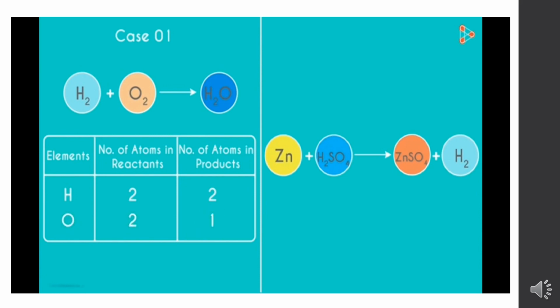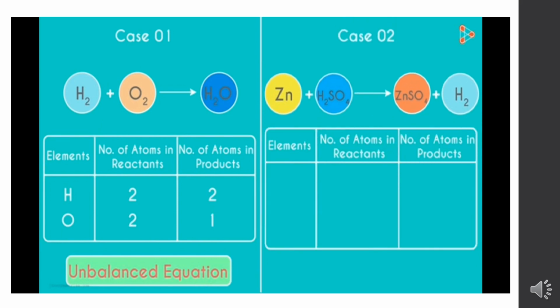Just 1. For each element, we look at the numbers written in the second and third column. For hydrogen, we see that the number of atoms on each side is equal. But for oxygen, we see that the number of atoms on the left side is 2 and that on the right side is 1.